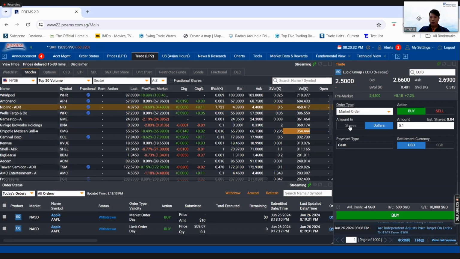And then the second thing is that if you were to input shares less than 0.001, so our minimum share is 0.001, this is what's going to happen. Hold on, let me try.